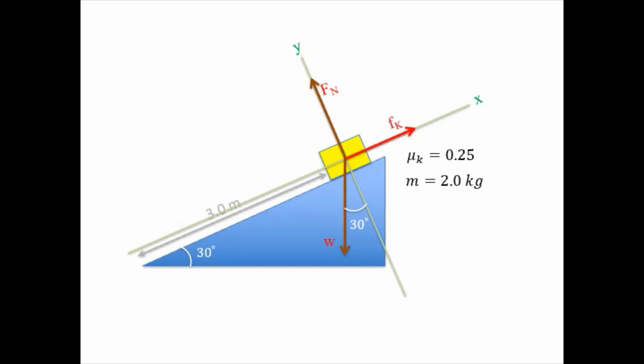And then the only other force acting in this problem is the friction, right? The friction is going to be opposing the motion, and so if the block's going to slide down the ramp, then obviously the friction is going to oppose that and act up the ramp, and so I drew my friction force in as up the ramp here in the positive x direction, and of course it's kinetic friction in this case, so we labeled in F sub k.